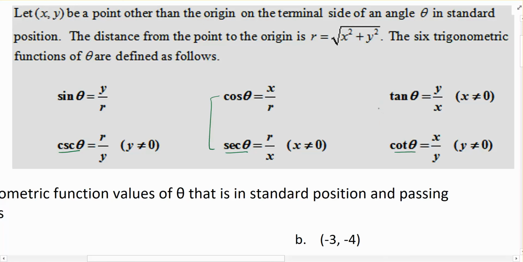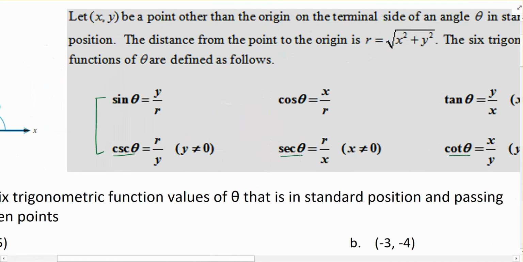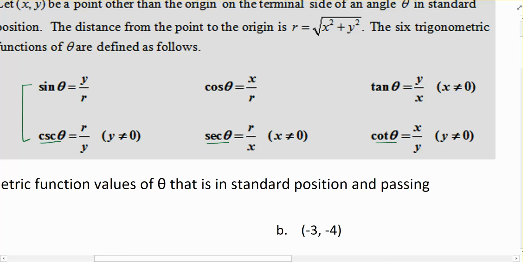So right away, this is going to help us: if you memorize sine, cosine, and tangent, you just need to recognize that for every function value you see on sine, cosine, and tangent, there is a reciprocal value with their related functions of cosecant, secant, and cotangent.